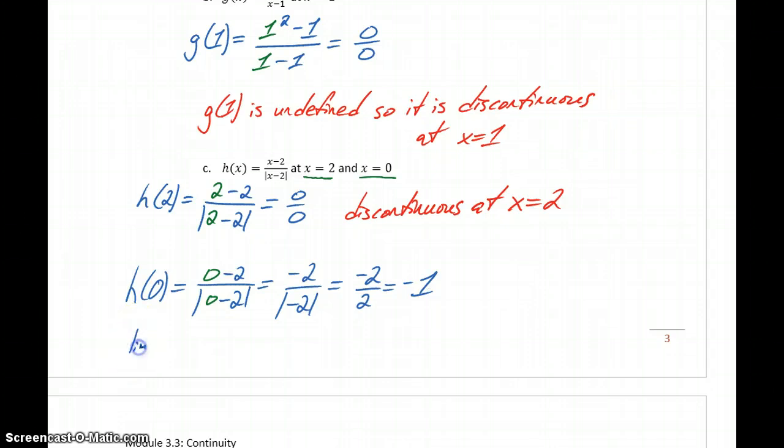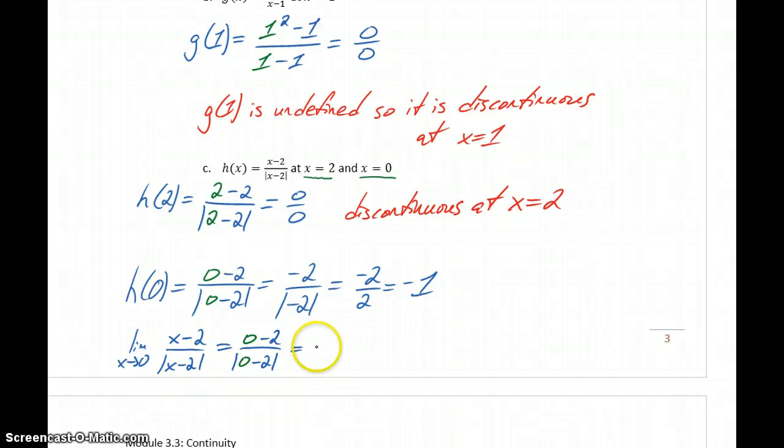We can also consider the limit as x approaches 0 of x minus 2 over the absolute value of x minus 2. Here we have a rational function. We could again try direct substitution, which is going to give us 0 minus 2 over the absolute value of 0 minus 2, which is, again, going to give us negative 1.